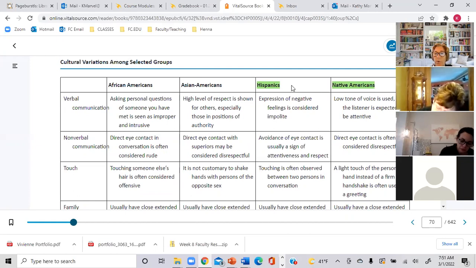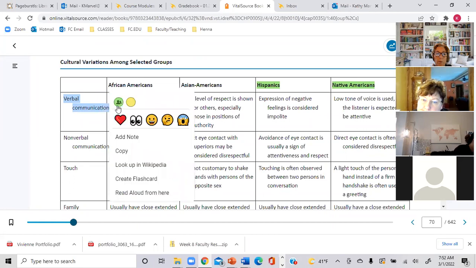We have 4, I want to focus on 2. So what does verbal communication look like with Hispanics and with Native Americans? For example, with Hispanics, expression of negative feelings is considered impolite. With Native Americans, a low tone of voice is used, and the listener is expected to be attentive. So I want you to focus on verbal communication.